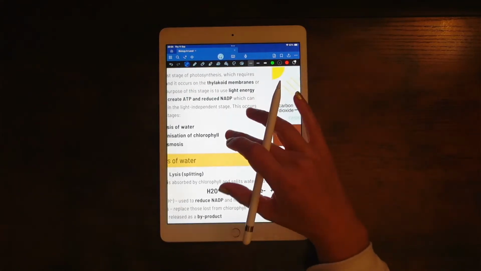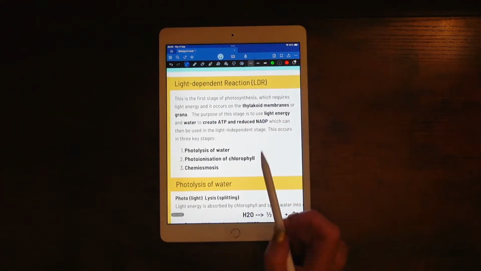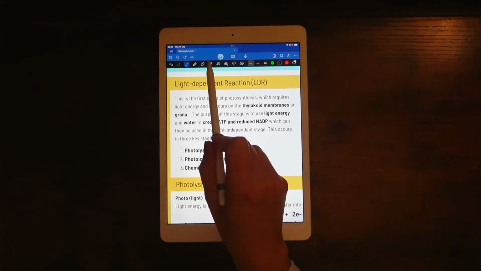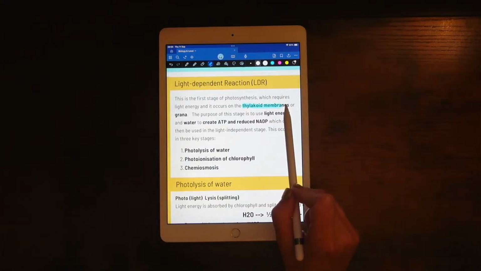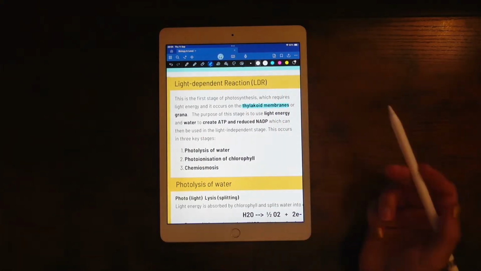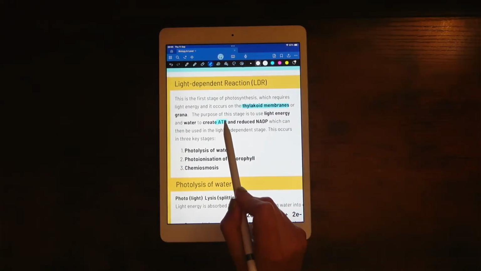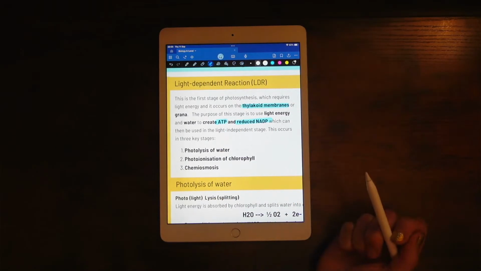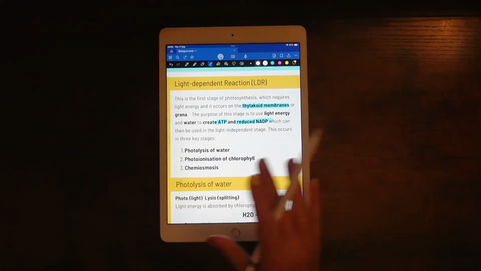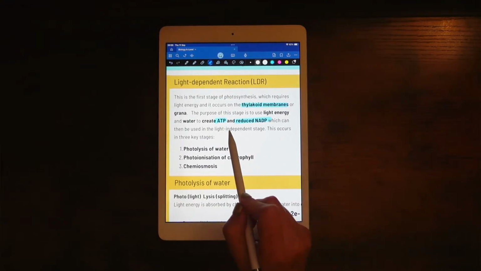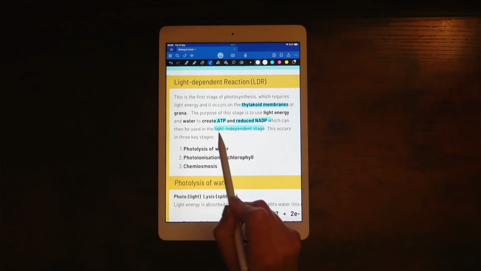So this is the first stage of photosynthesis. It happens on the thylakoid membrane, or grana, granum, and the key purpose of this stage is to create ATP and reduced NADP. That is the whole essential point of this stage, because those two molecules are needed in the light independent stage.